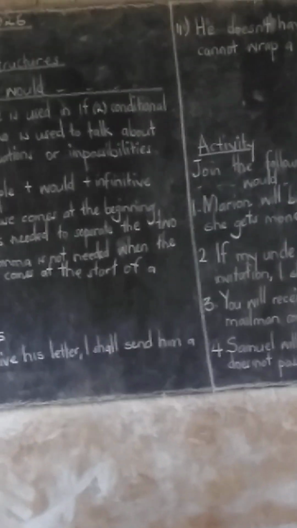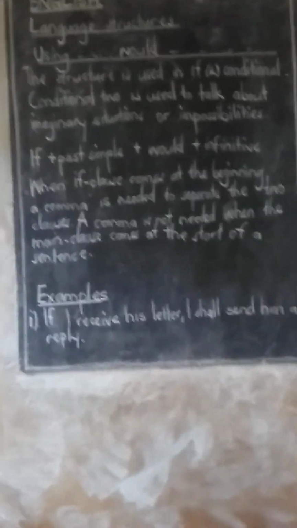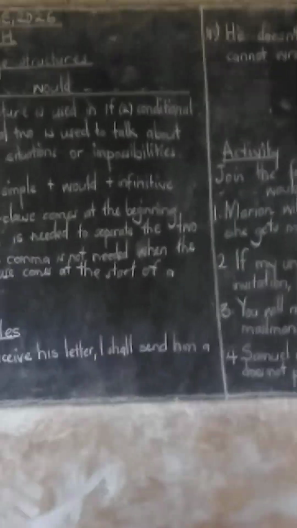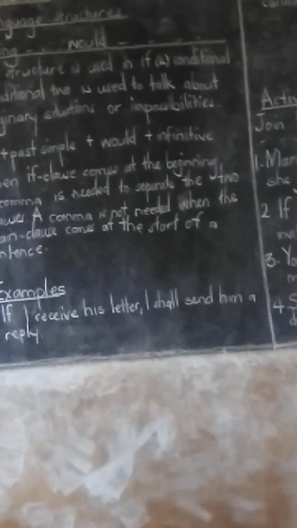All of that is for us to change the sentence from if1 to if2. In the if clause, the tense which was in the present simple changes into a past simple. And when we go to the main clause, where we get future simple tense like shall, will, all of those in if2 are to change into would.